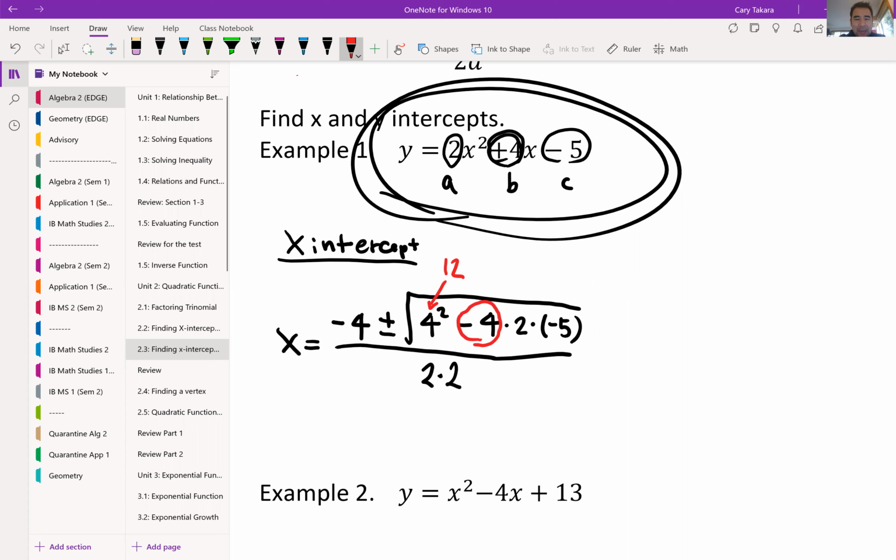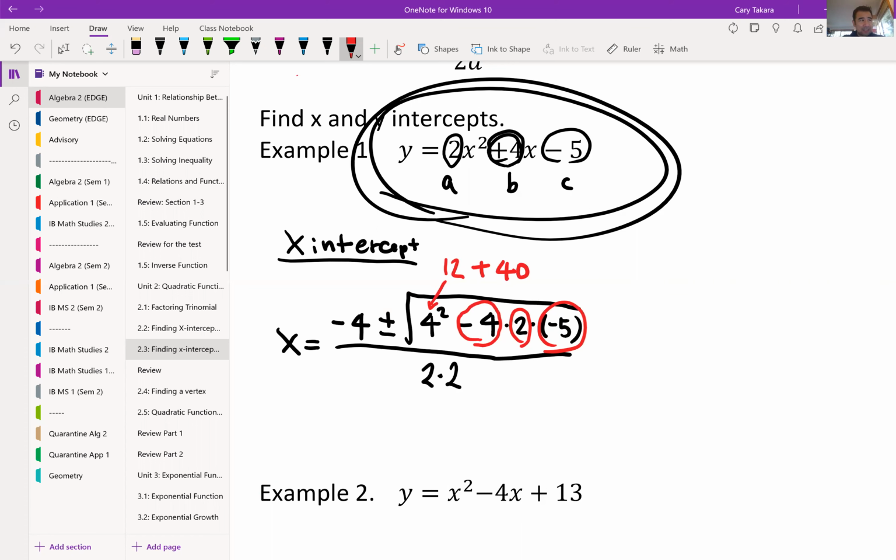And that is, I want you to treat this 4 as a -4. And I want you to do -4 times 2 times -5. Do that. -4 times 2 is -8. And -8 times -5 is what? That's a positive 40. So write down plus 40.